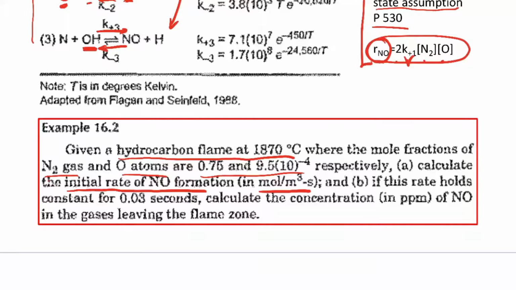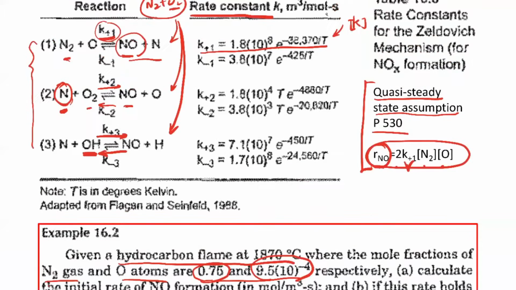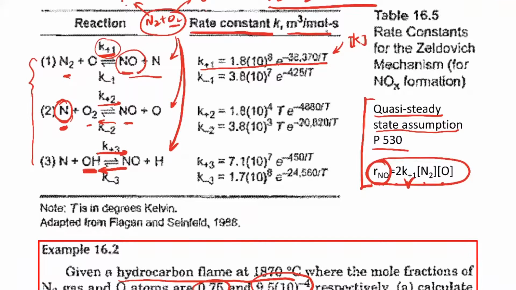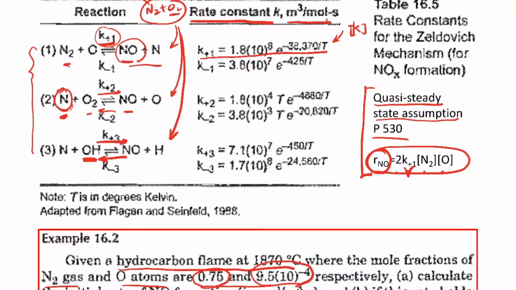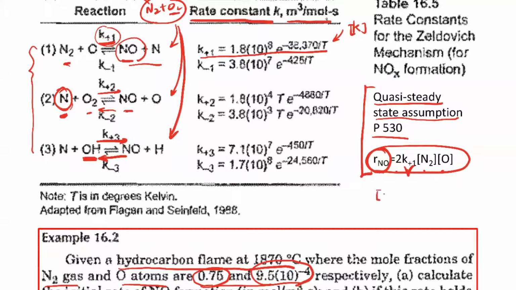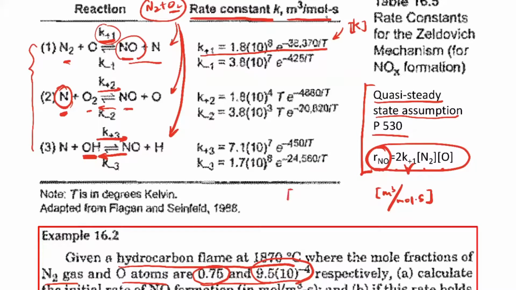But what we cannot do is directly put in these values here, because if you check the unit of the rate constant, it's using meter cube per mole per second, right? So let's say if we write out this unit here, then we know that the reaction rate has the unit of mole per meter cube per second.